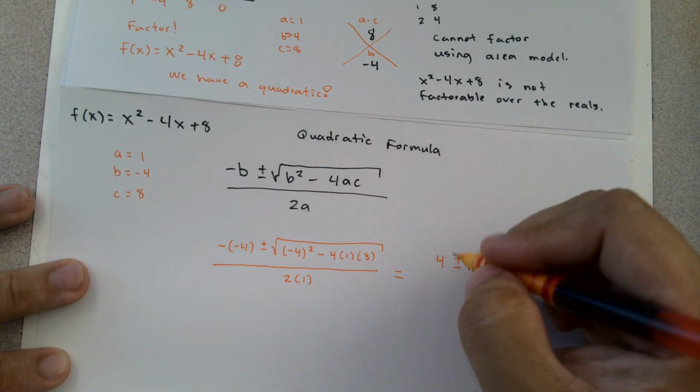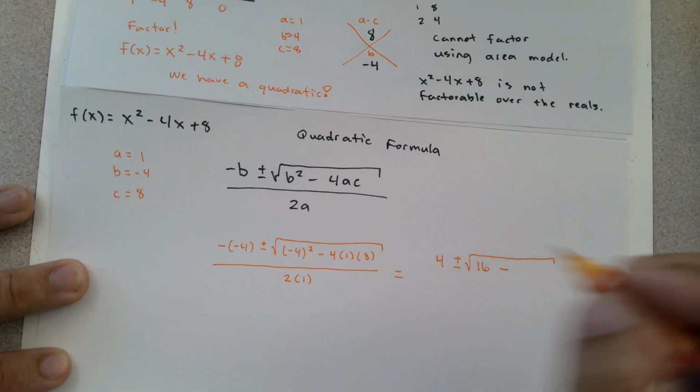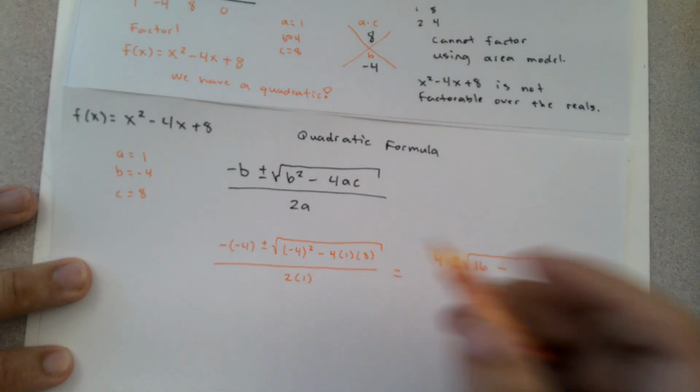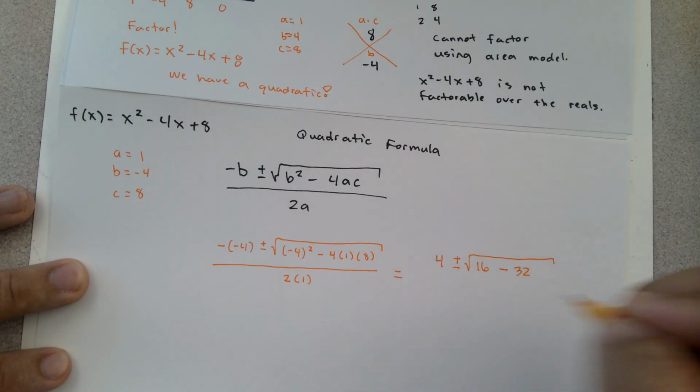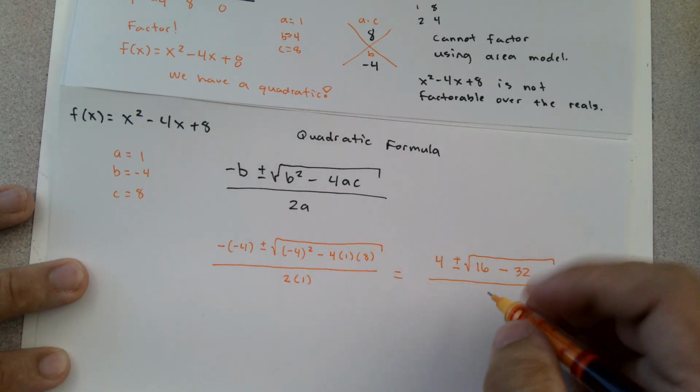Negative 4 squared is 16 minus 4 times 1 is 4 times 8 is 32, all divided by 2 times 1, which is 2.